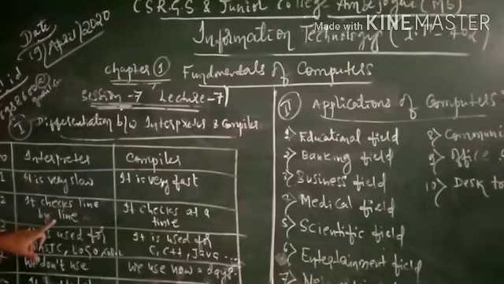The interpreter checks line by line. Whatever program I have written, whether a 5 line, 10 line or 100 line program, it checks line by line, and that is why it takes a lot of time.